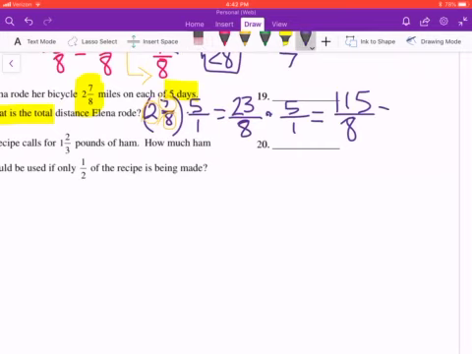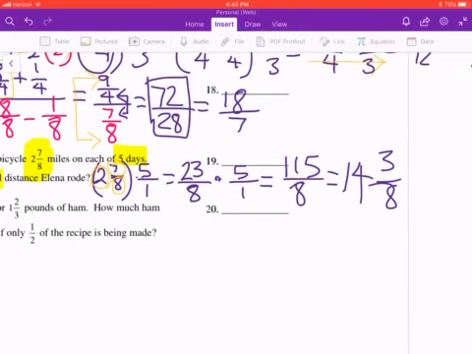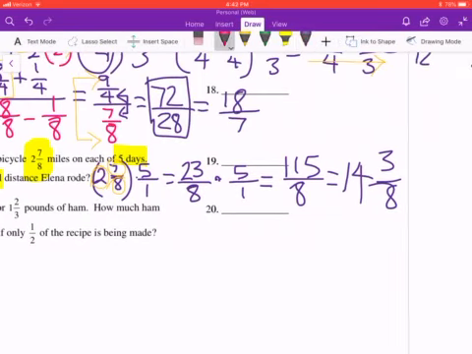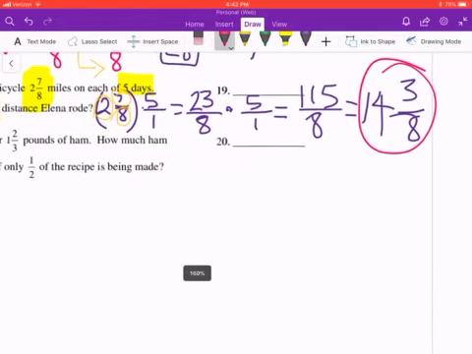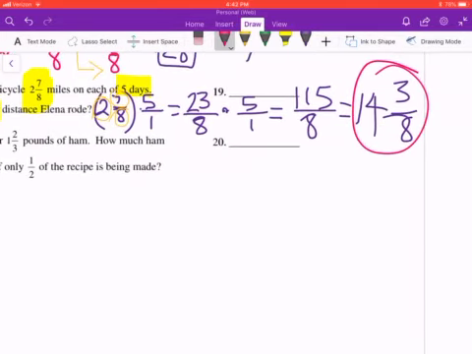It will be 14 and 3/8. I'm going to check quickly to see if it's true. So if we divide 115 divided by 8, it will give us 14, yes. And the remainder will be 3. So yes, this is the correct answer. This one here. And that would be the total distance. So 14 miles and 3/8 of a mile.